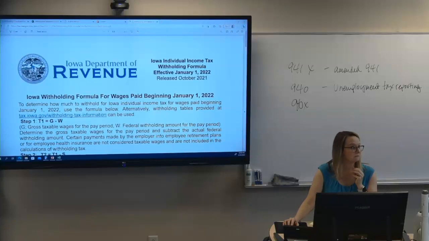There's a question about payroll income tax withholdings are reported on, and it lists the different forms.